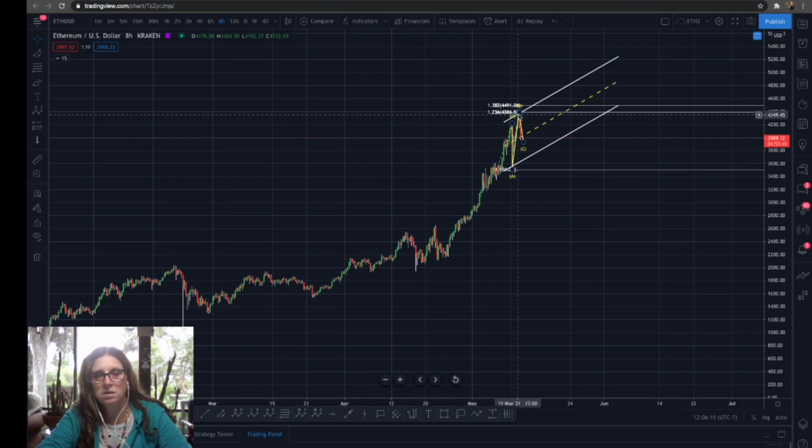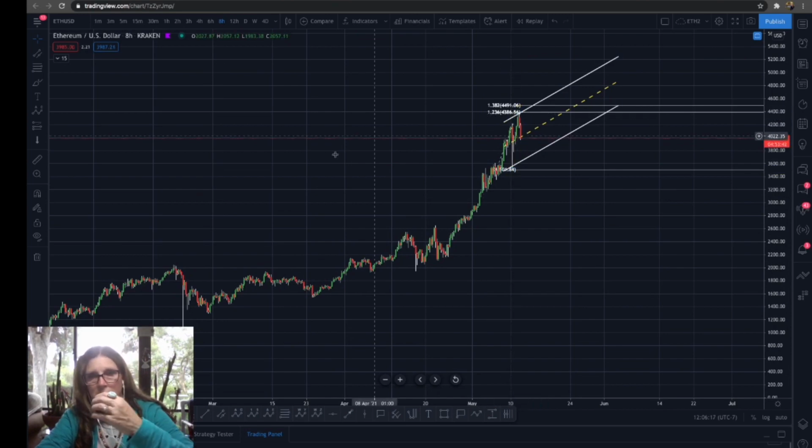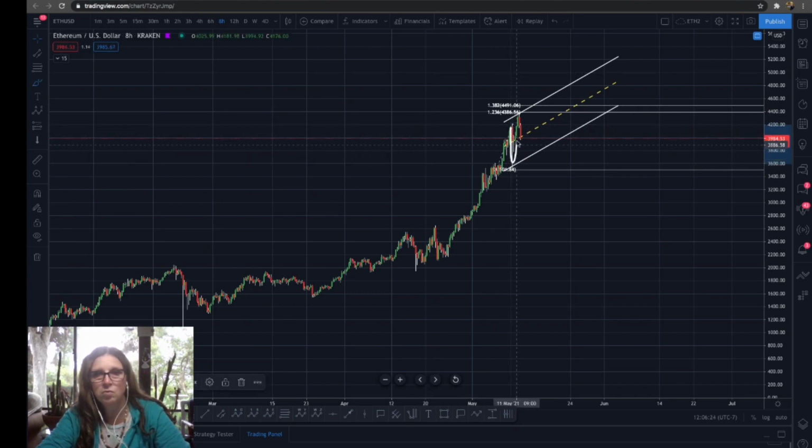And then this first correction that comes in here will create us a higher low, okay? And then it can basically, you know, do its thing inside of here, but continue to make higher highs and higher lows. And that creates the 4th, and then we eventually break out to the upside.